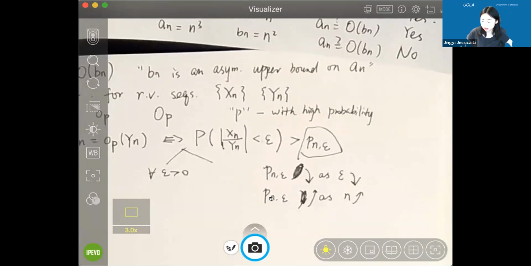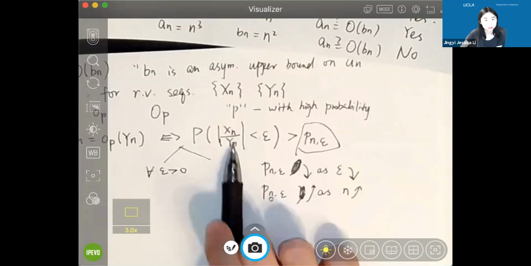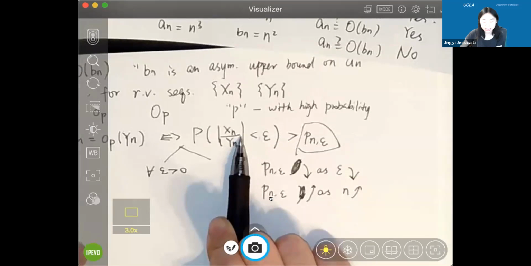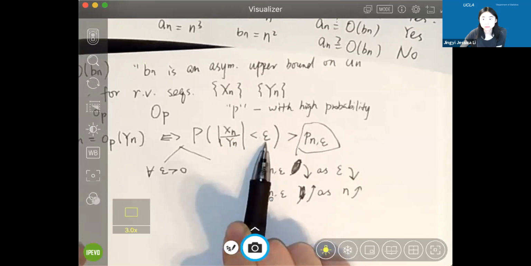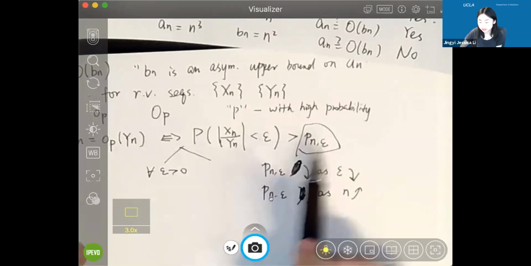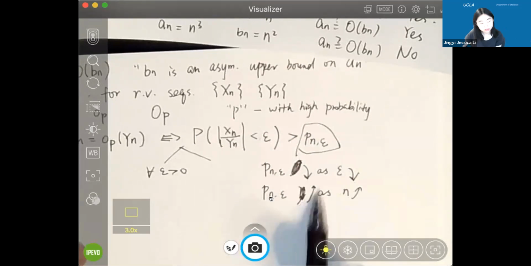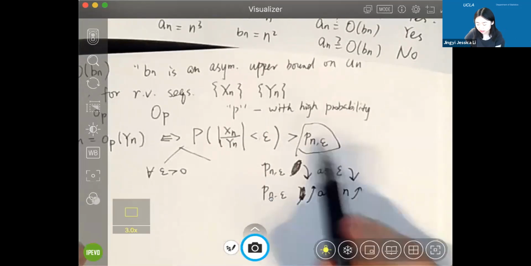So basically, we want to say if we have a larger sample size, or we go later into the sequence, then this random ratio is going to be more likely within the neighborhood. So that's why this probability of being in the neighborhood is going to increase. So we're actually giving a lower bound on this probability.